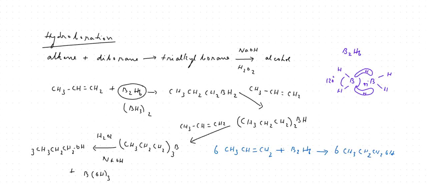Plus 2 BOH thrice. This is what you are getting. I suppose you understand this.